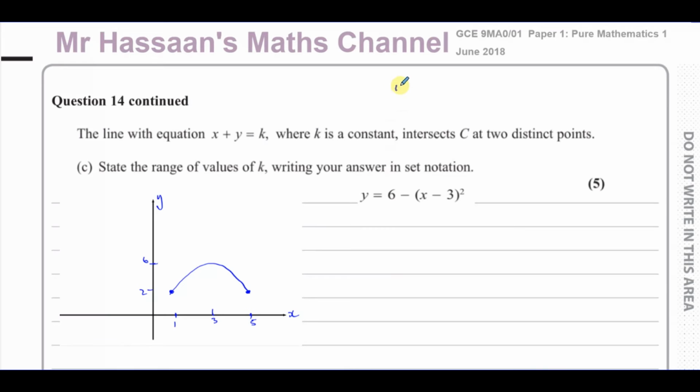If we rearrange that, you have y equals minus x plus k. So you've got y equals mx plus c, so the gradient is -1, and c is where it hits the y-axis. If the gradient is -1, it's going to look something like this.